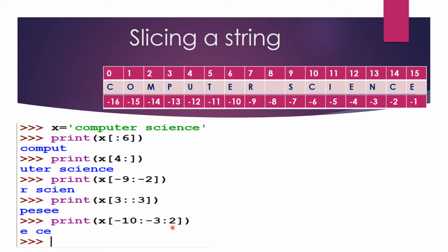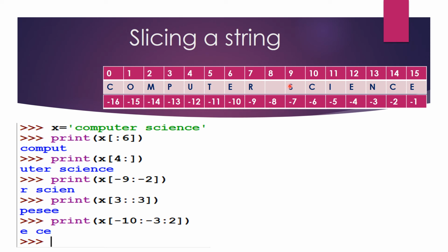Here we have given the value of start parameter, the stop parameter, and the step parameter. That is -10, -3, and step of 2. So -10 will start printing from E, and the step of 2 is every second value. So after E it will print the second value, that is blank, and again blank.